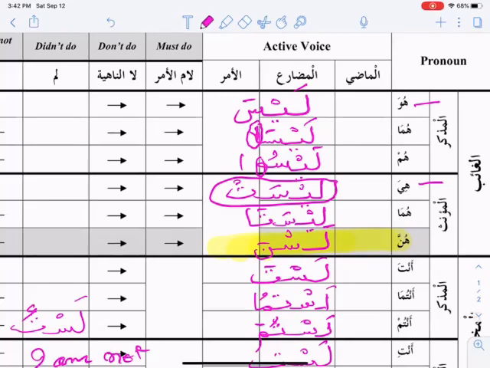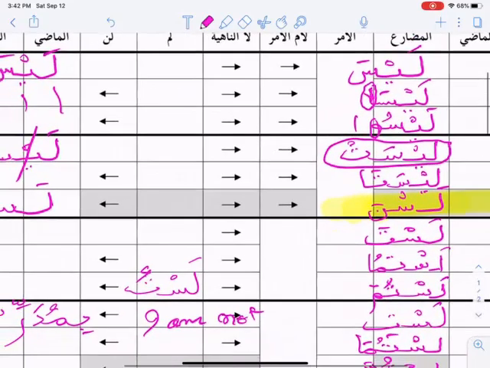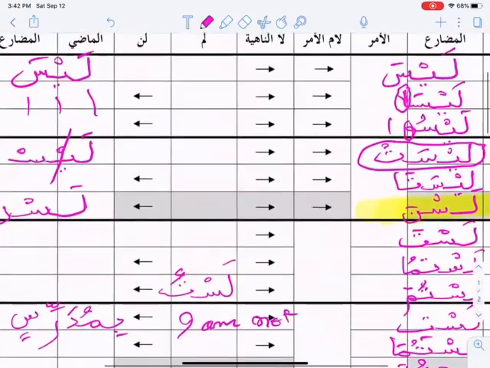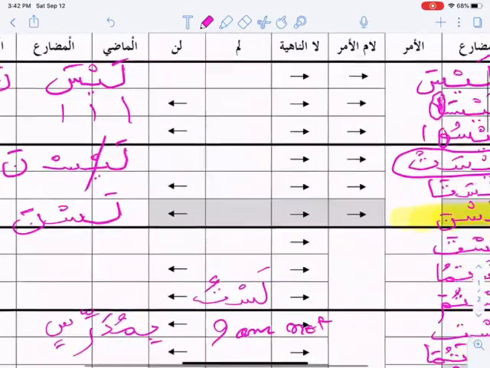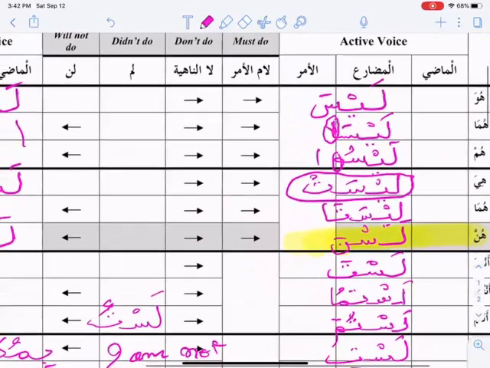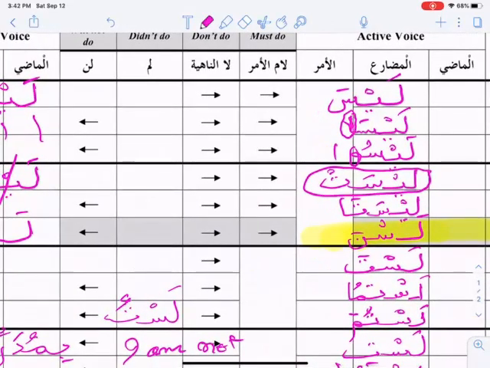There are 3 things in it. Did I write it down anywhere? Okay, I will write it down here, my brother. See, we have laysat. I think I wrote it somewhere. I was writing, and then we put the alif as the ism laysat. The alif is representing 2 people.